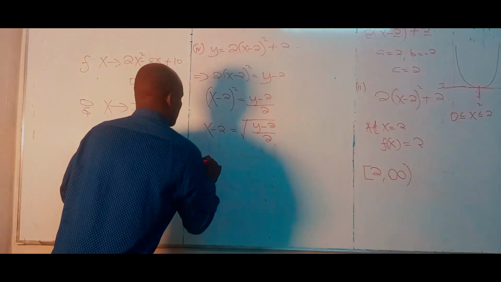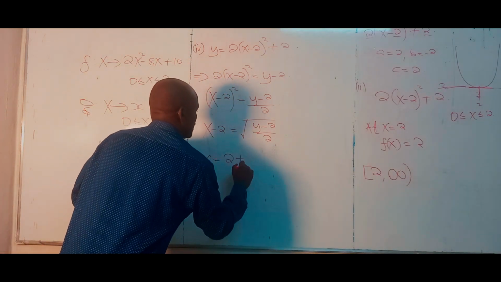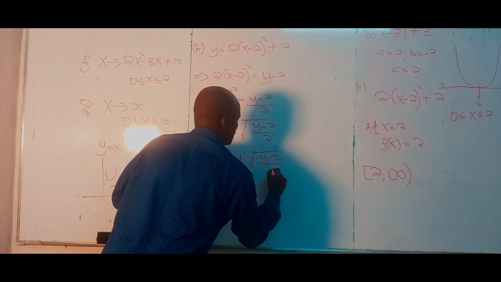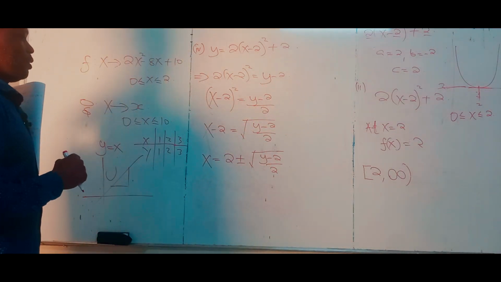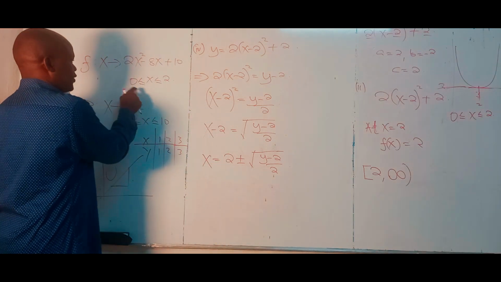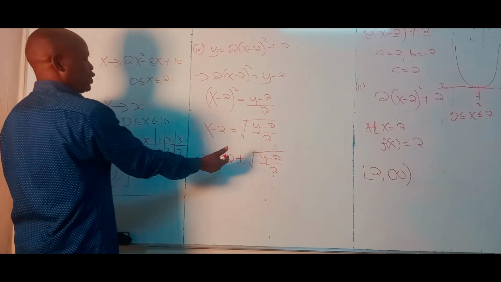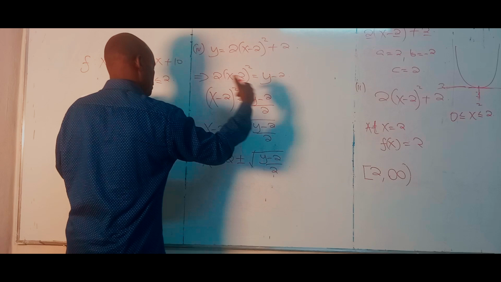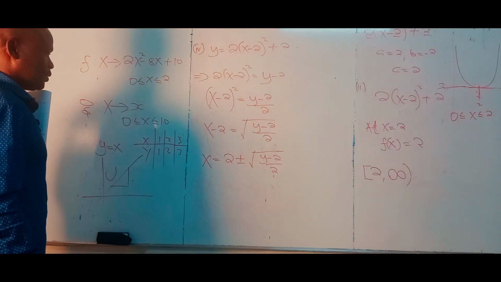And then I have x to be 2 plus or minus the root of (y minus 2) over 2. But because x is restricted within this domain, if I take a positive value, then I'll have a value which has gone beyond 2.